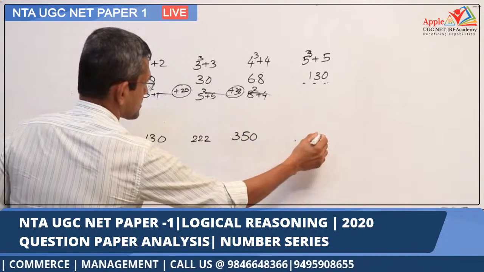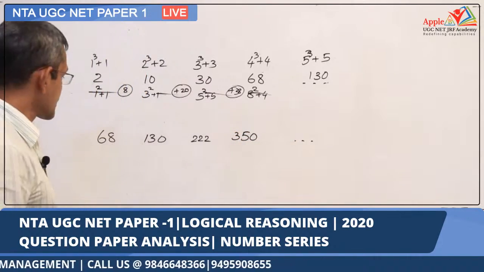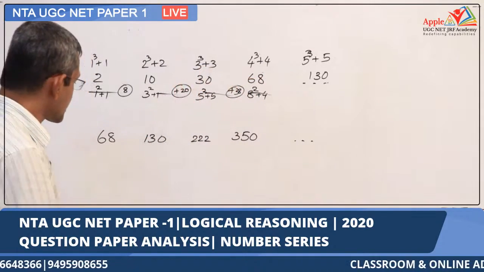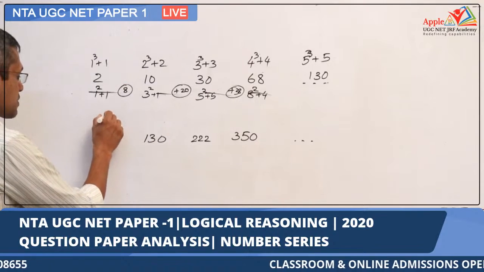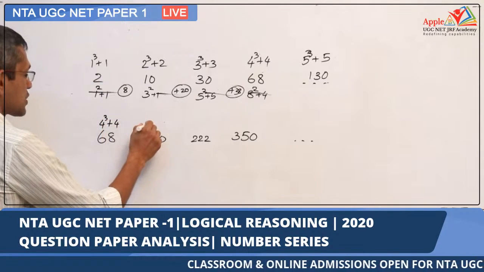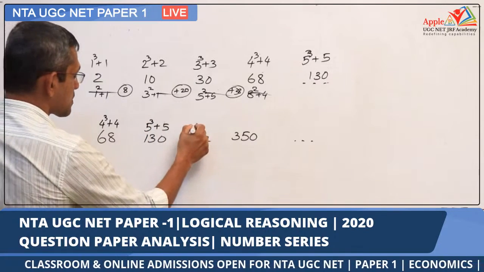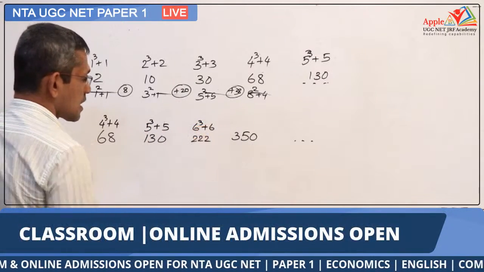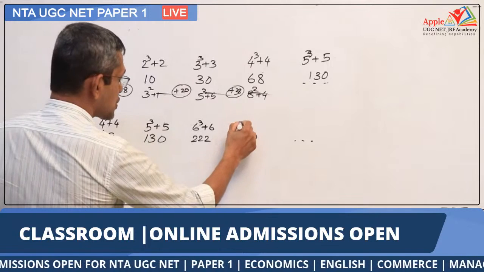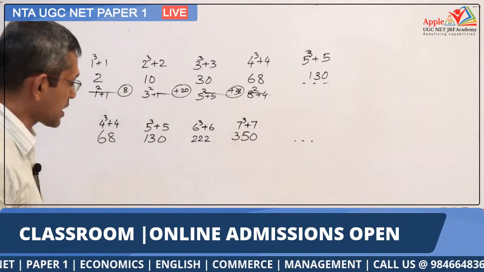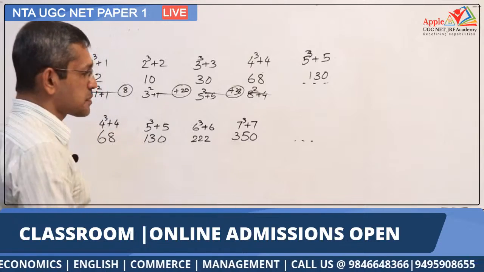What's the next number? So 68 is 4 cube plus 4. 130 is 5 cube plus 5. Next one, 222, 6 cube plus 6. And 350, 7 cube plus 7. All right, we are getting it, right? So next one must be 8 cube plus 8.